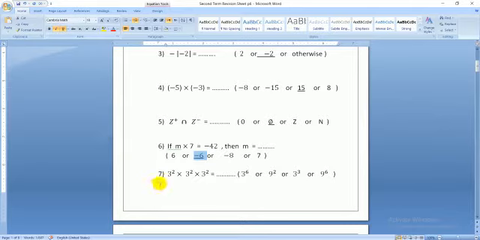Number 7. Concentrate, please. 3 power 2 times 3 power 2 times 3 power 2.